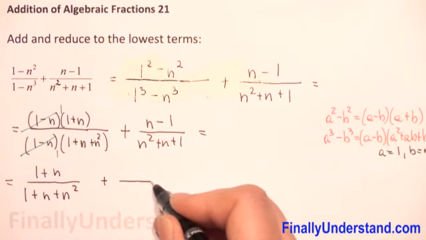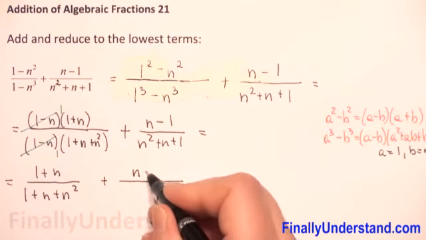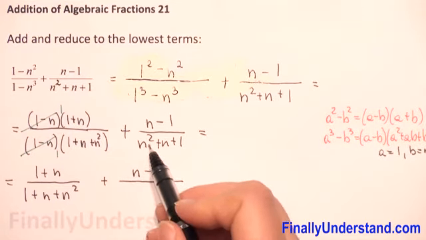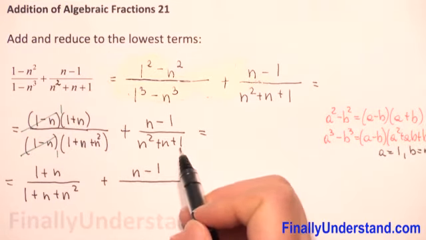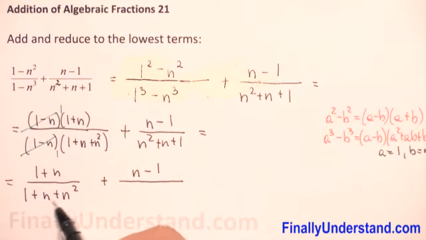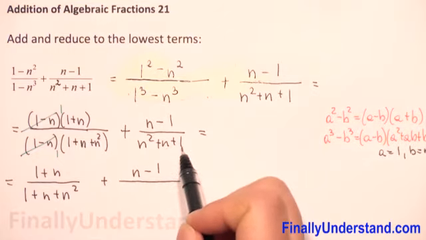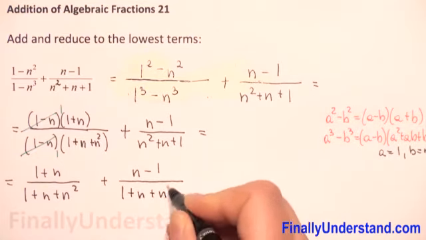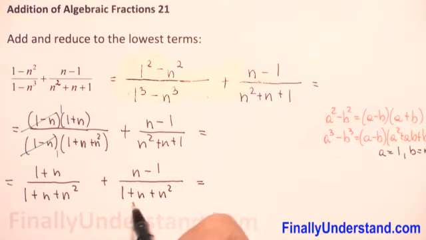And the second we will copy, and because we have here n squared plus n plus 1, which is the same as what we have here in the denominator, I can change and put first the number, next the n, and next n squared. And now you see that we have the same denominator.